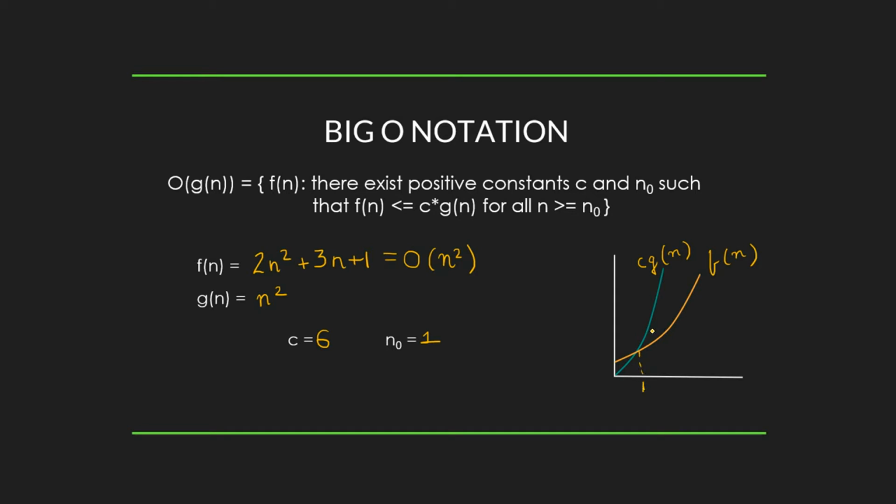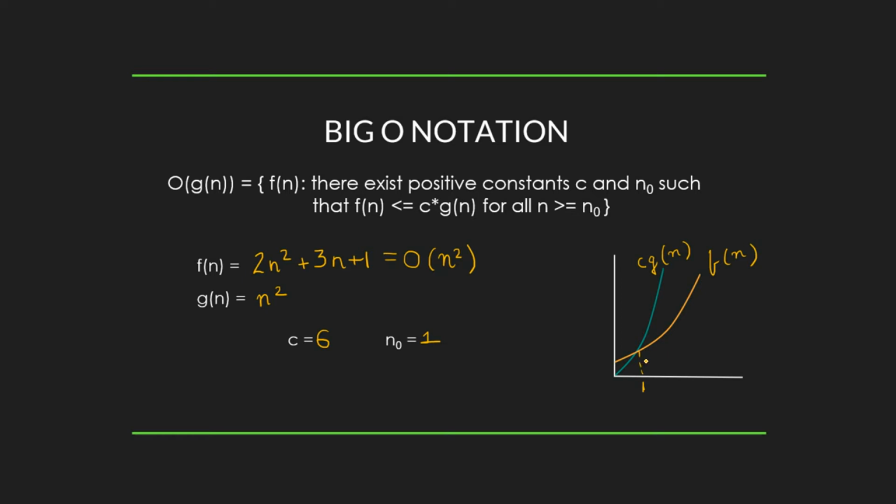You can see that after n naught equal to 1, c times g(n) is always greater than f(n). That means f(n) never grows at a rate faster than c times g(n) after n naught. Note that c and n naught can be chosen differently and still you may get the condition satisfied.